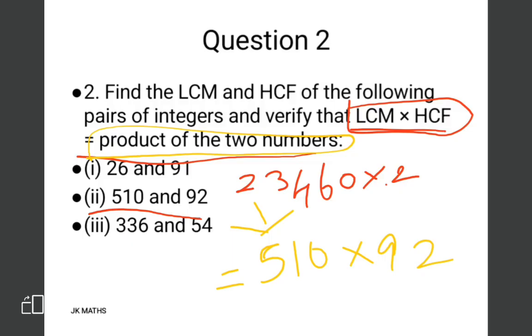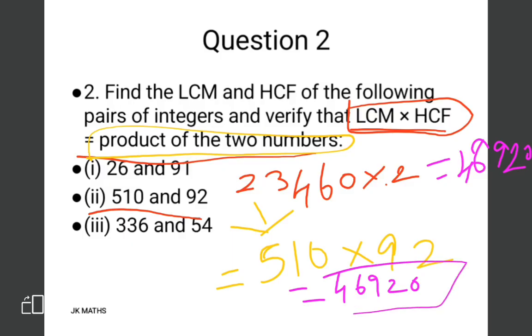You can multiply and see whether it is right or wrong. 23460 into 2 gives 46920. 510 into 92 is also equal to 46920.